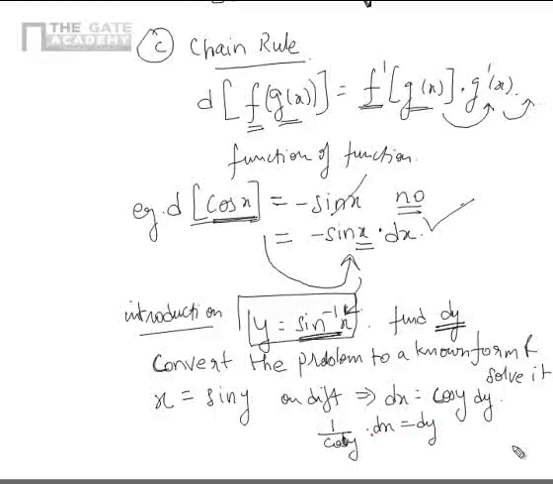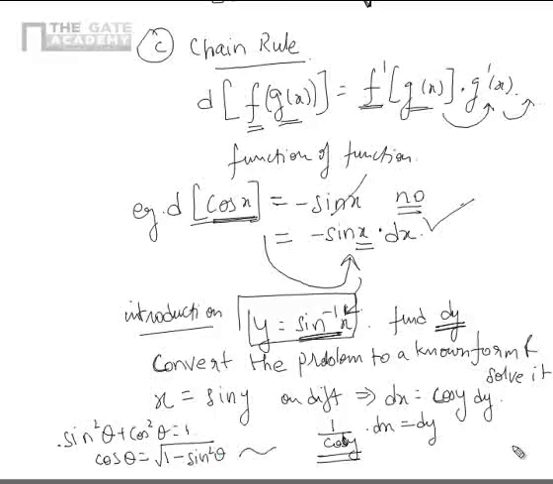Now what does this mean? What is cos y? For that we go back to our basics. We know that sin square theta plus cos square theta equal to 1. So therefore cos theta will be root of 1 minus sin square theta. Correct?